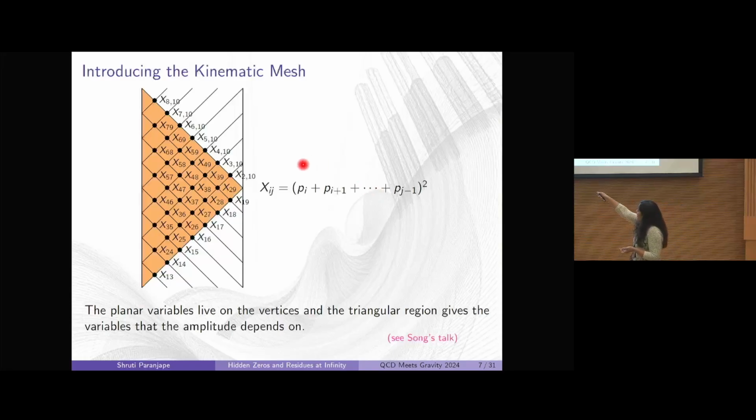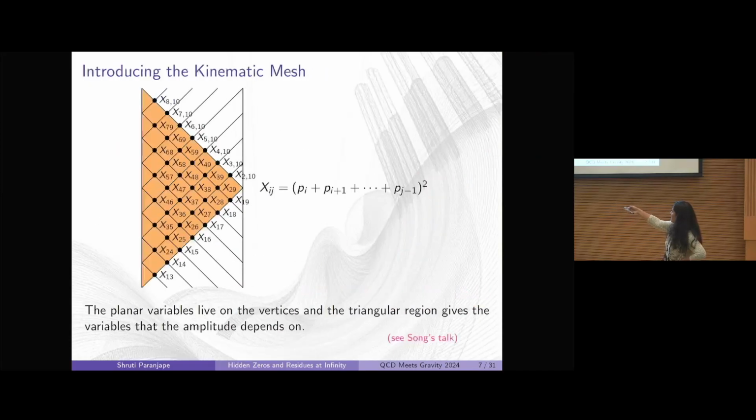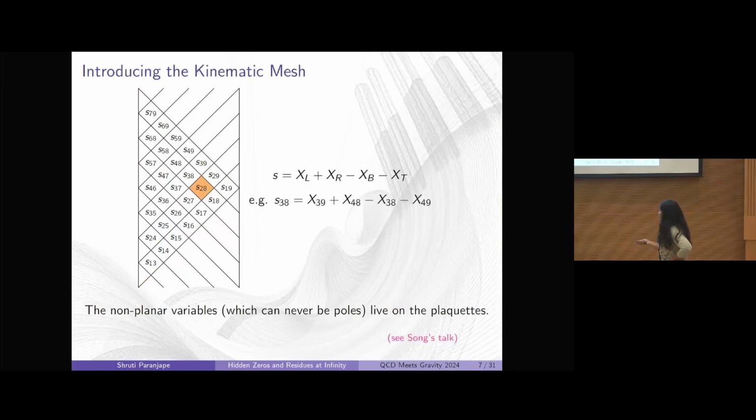And I draw this triangular mesh region, and the vertices now have the x variables on them, and the plaquettes, or these little diamonds, have the S or Mandelstam variables.